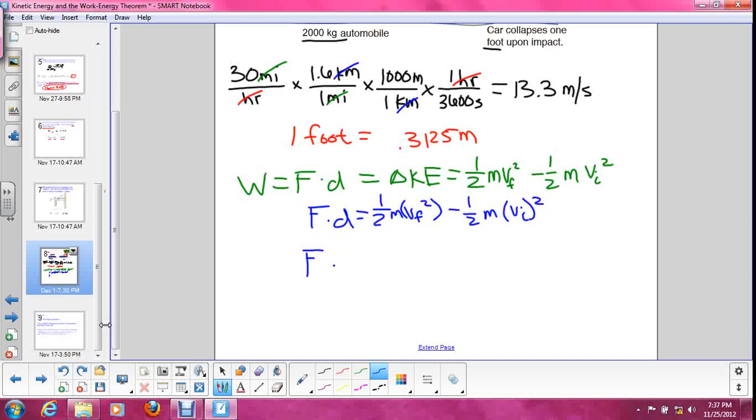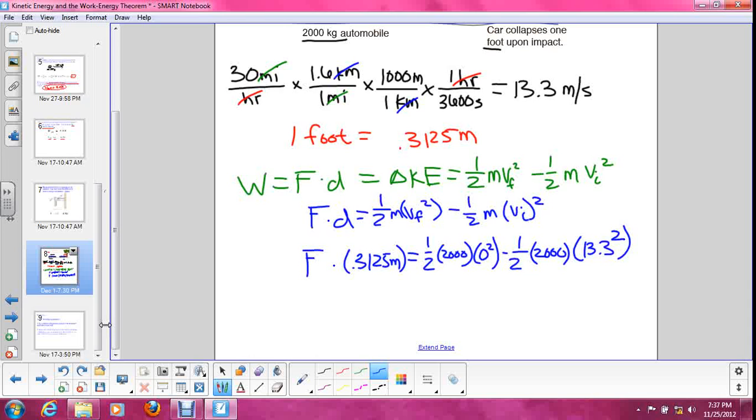So the total distance traveled is 1 foot, or 0.3125 meters. This car's final velocity is 0. It comes to a stop. So we have 0 squared here, and the initial velocity of the car is the calculation that we did a little bit earlier. It's 13.3 meters per second, and we'll square that.